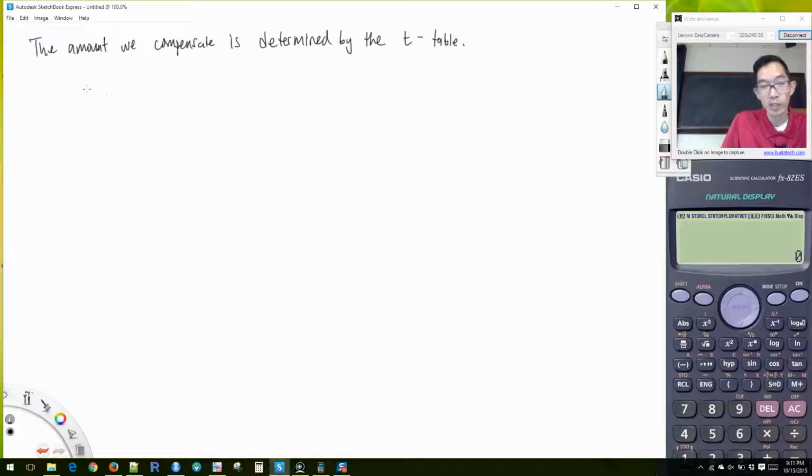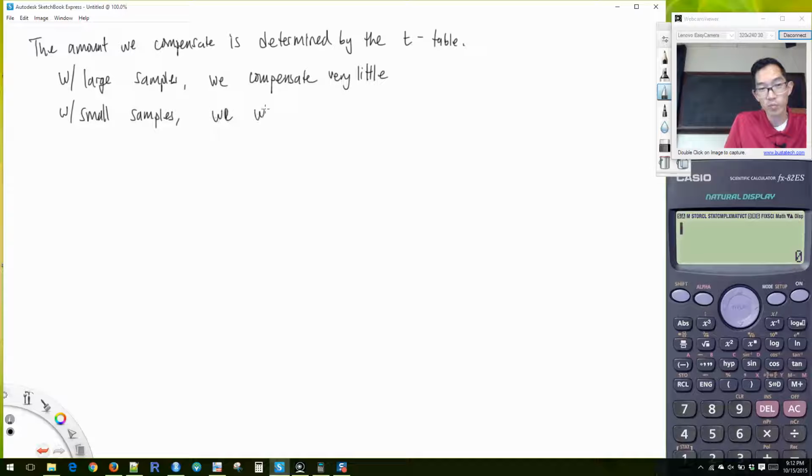With large samples, we compensate very little, and with small samples, we will need to compensate more.